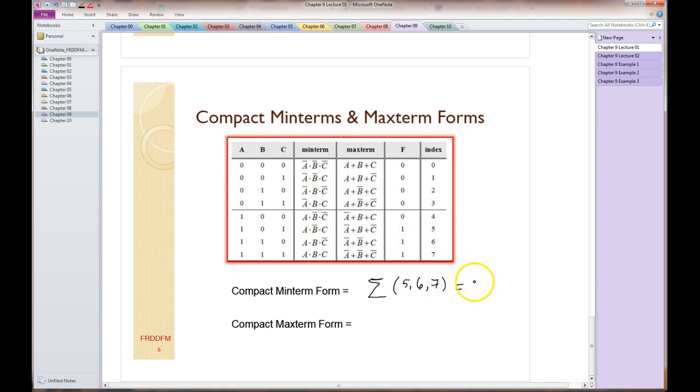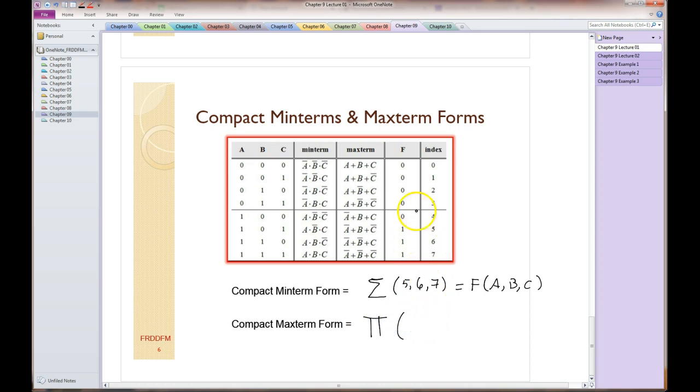And so oftentimes what people will write on this is F of A, B, and C, which puts it into proper function format. Sum, as you know, the summation character is associated with sums. It makes sense. But we also have a compact max term form, which tells me where the zeros are.